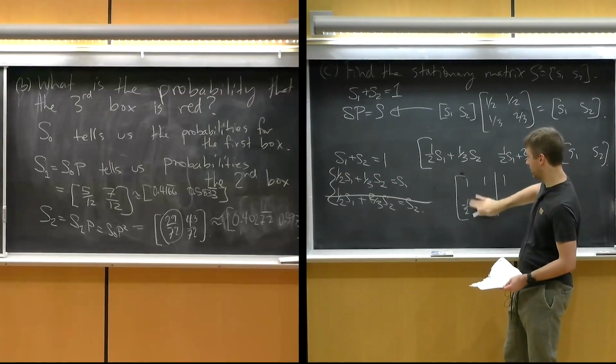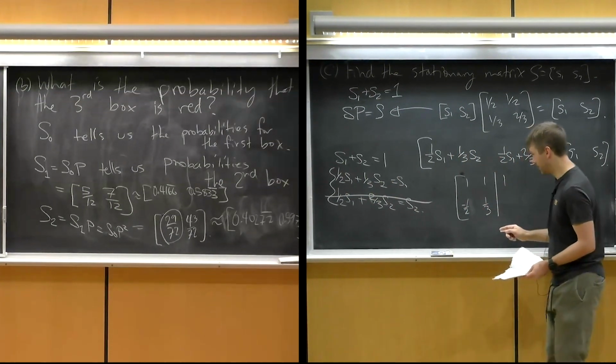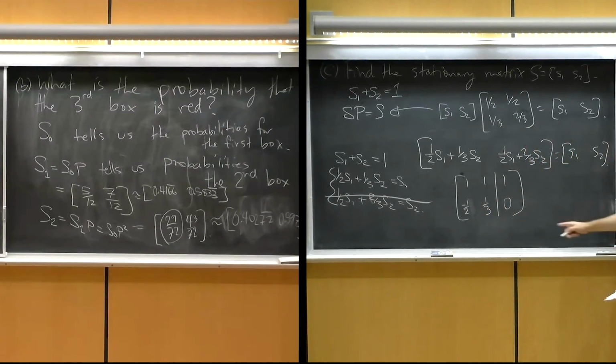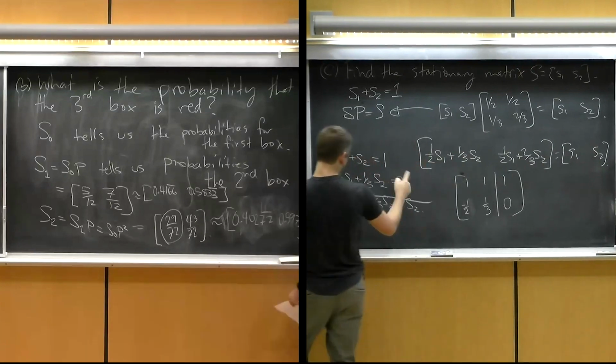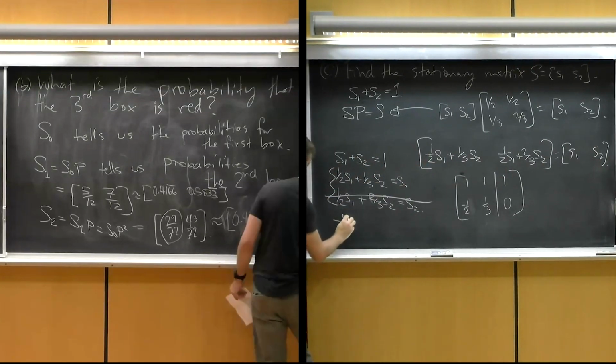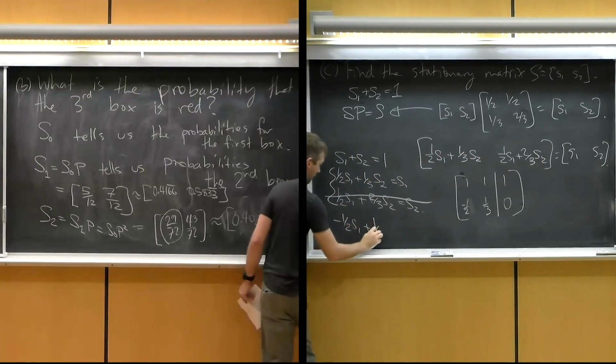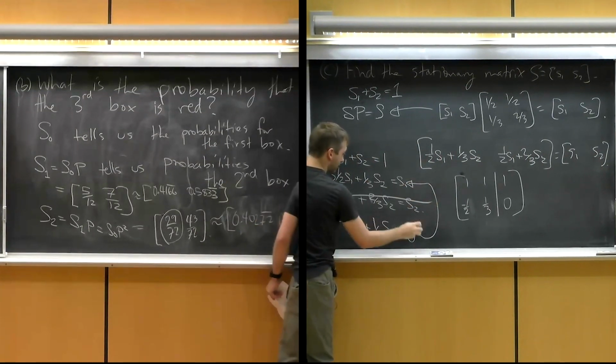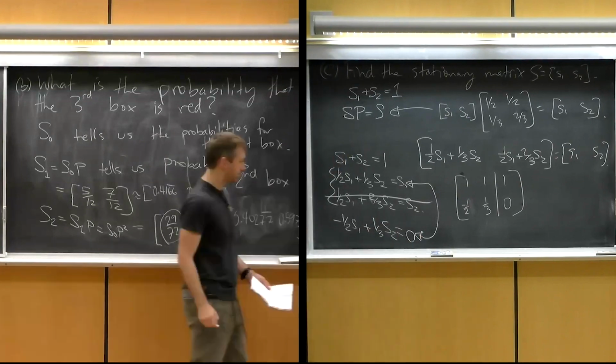Okay, this negative 1/2 came from putting this to the other side, and you get negative 1/2 S1 plus a third S2 equals 0. So these are the same equation, right?